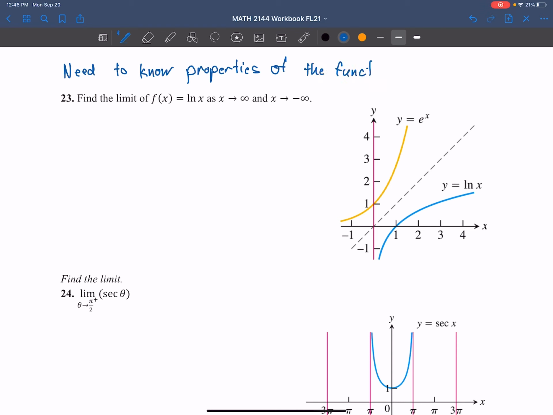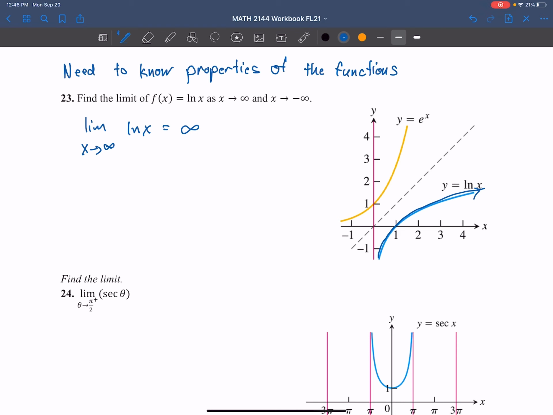So if you were, for example, asked in this first one, find the limit as x approaches infinity of ln of x, you really just have to know that the graph of ln of x, you could plug in values, but it's going to grow without bound.